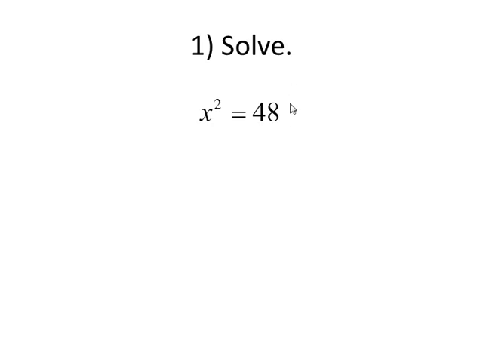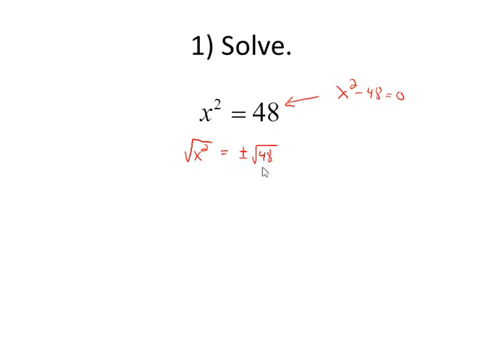Now, in elementary algebra, we may have tried to rewrite this as x squared minus 48 equals 0, but we can't solve this by factoring because x squared minus 48 does not factor. I'll begin by taking the square root of both sides, since the squared term is already isolated.